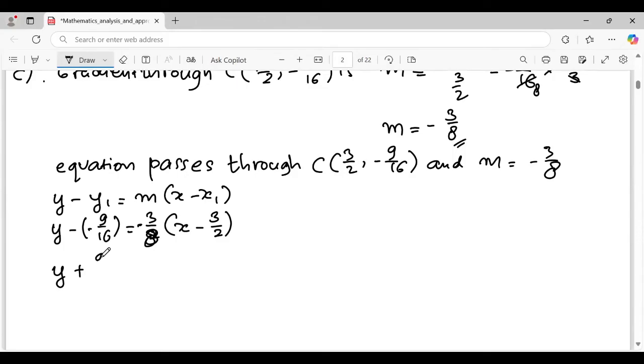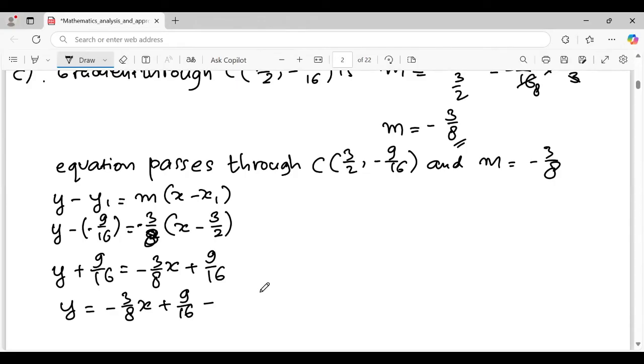So y plus 9 over 16 equals minus 3 over 8 x plus 9 over 16. y equals minus 3 over 8 x, and the 9 over 16 cancels.